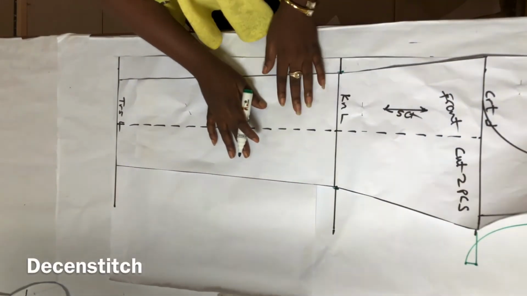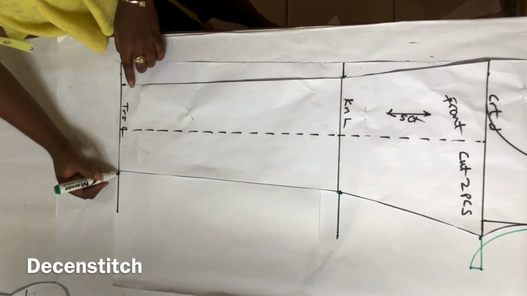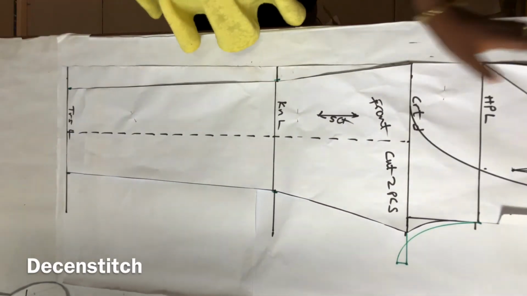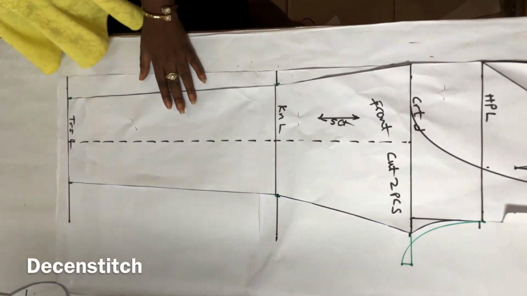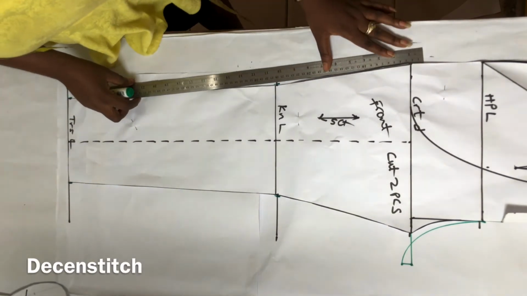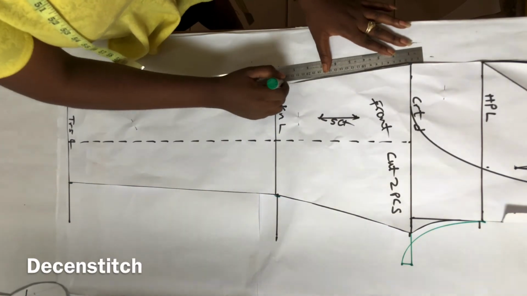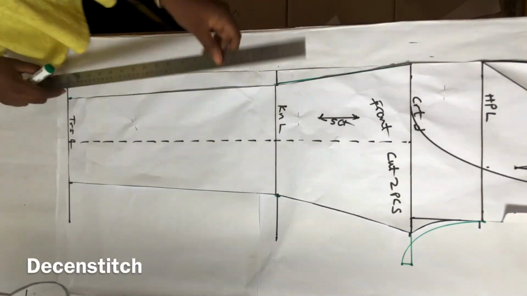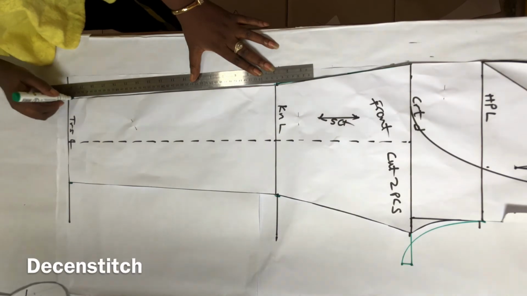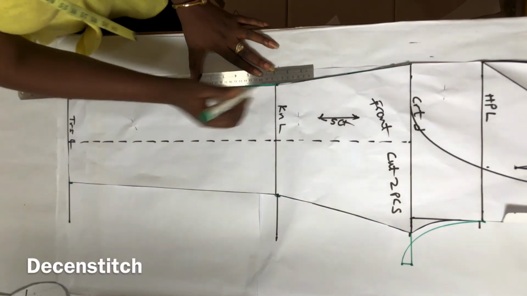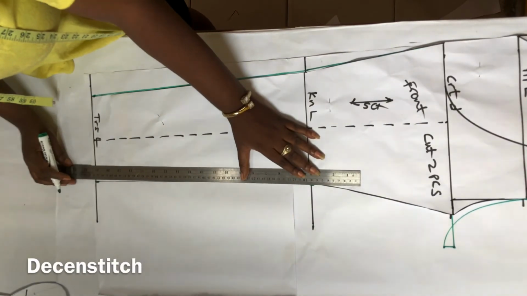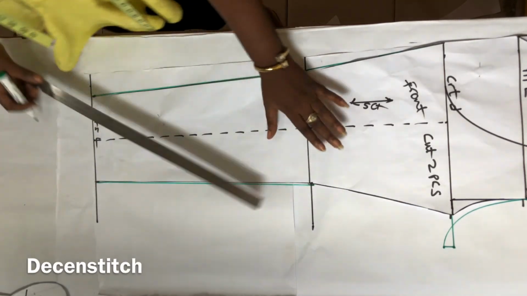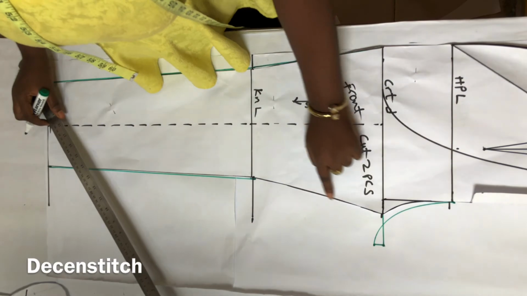I'll do the same down here. I'll use a ruler to connect it. I will be connecting it back to the front piece.